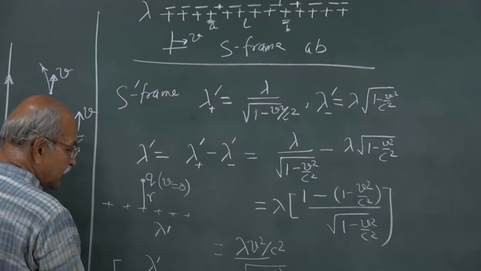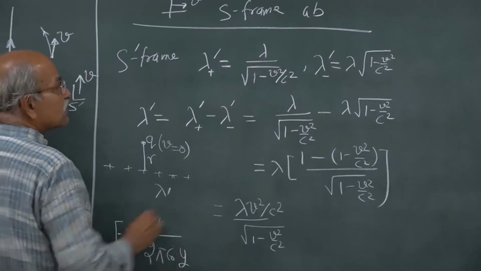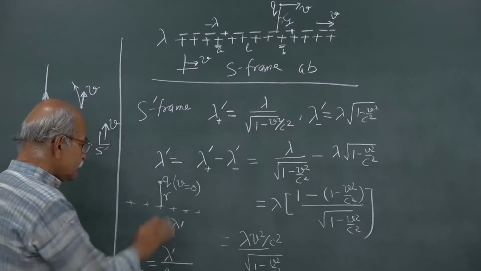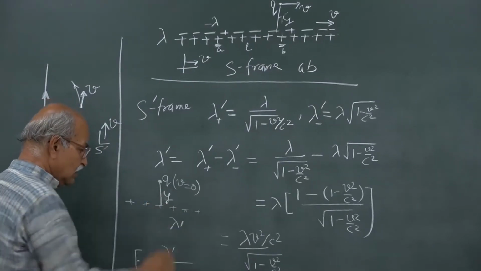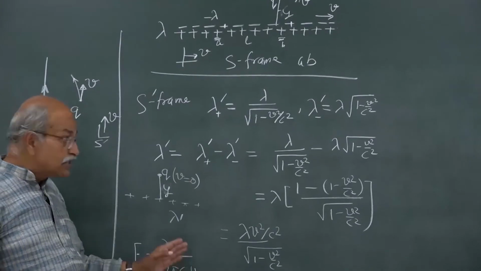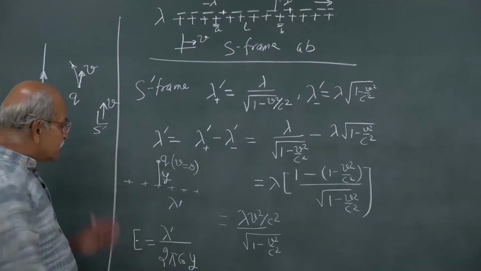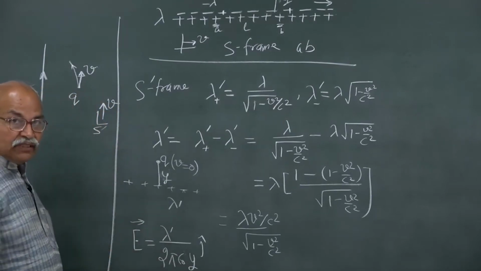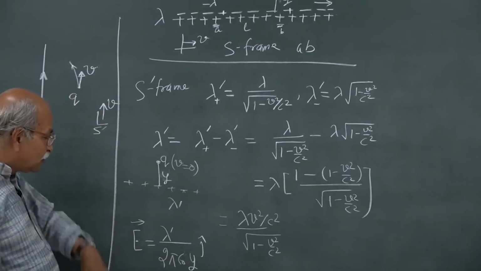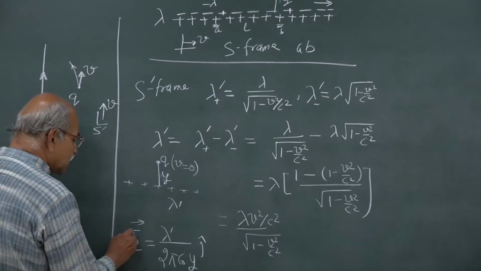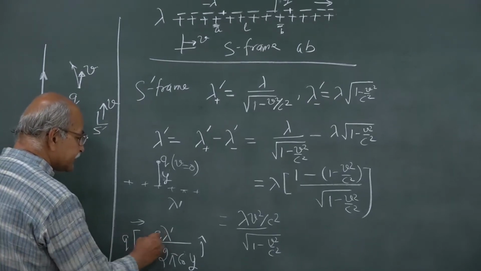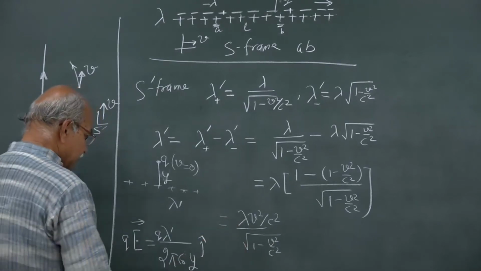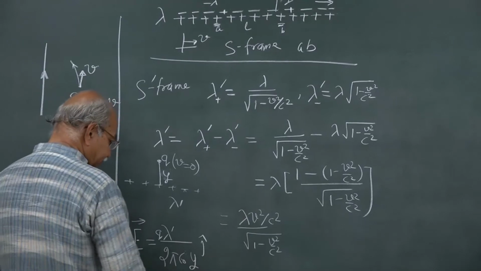So, let me call it y, there is a y coordinate here. That is the electric field in which direction? In y direction, so j cap. So, force will be q times E, and lambda prime is here, remember lambda prime is here, so we can write that also here.